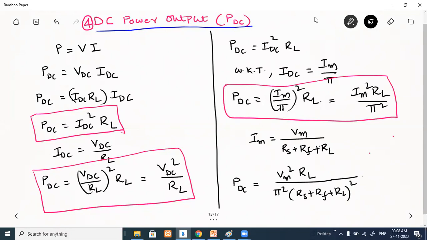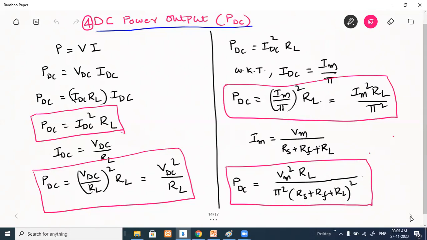So that is PDC in terms of Vm. All these are the expressions for DC output power of the half-wave rectifier.